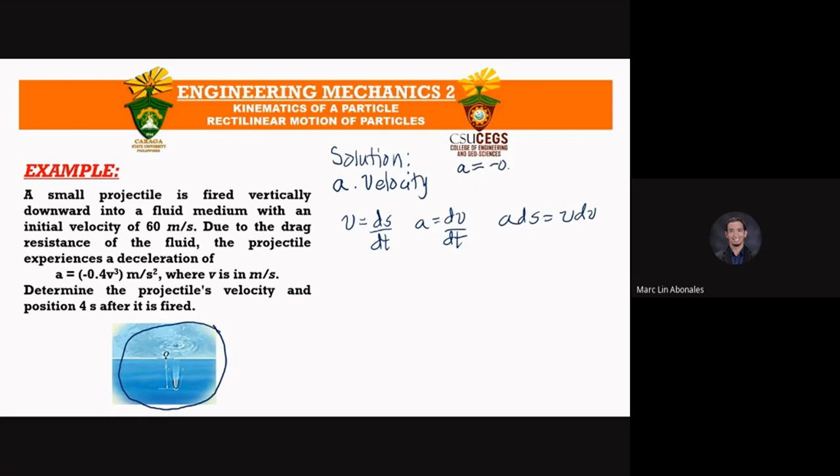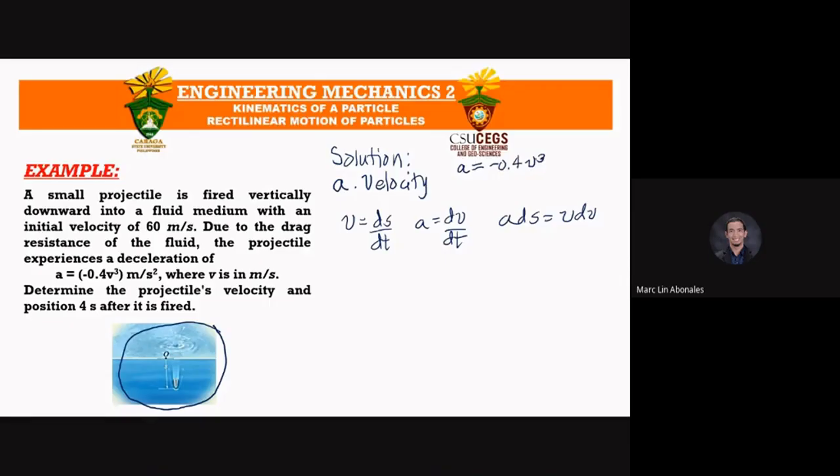We have the time, which is 4 seconds. And the third variable, which is the unknown, is the velocity. So among the three kinematic equations, which one will we use to solve for the velocity? Is it the first, second, or third kinematic equation?